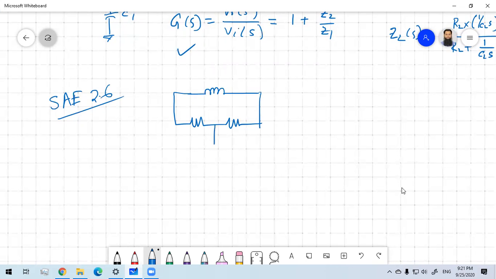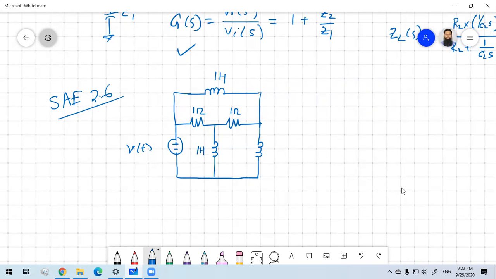Okay, so you have an inductor here as well as here, and then you have a voltage source here. You are given Vt, the inductor here is 1 Henry, this is 1 ohm, then you have 1 ohm as well, this is 1 Henry, all the parameters are actually 1.